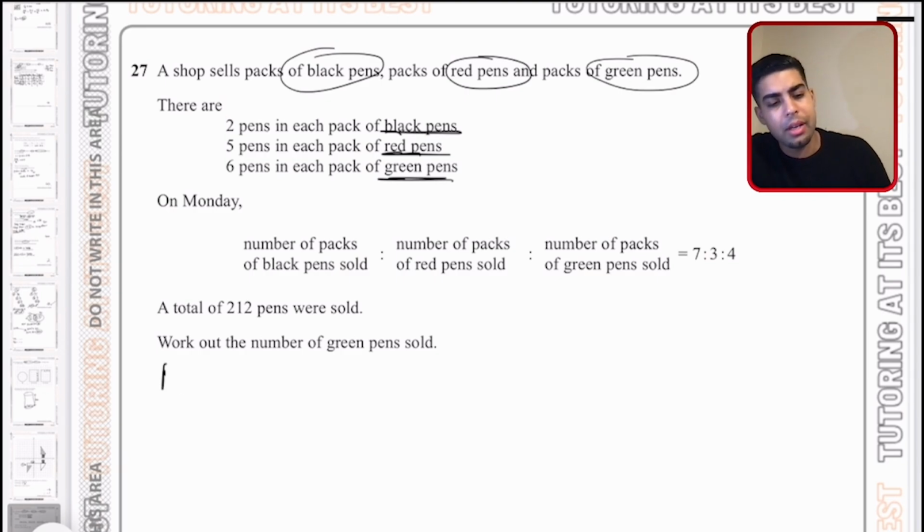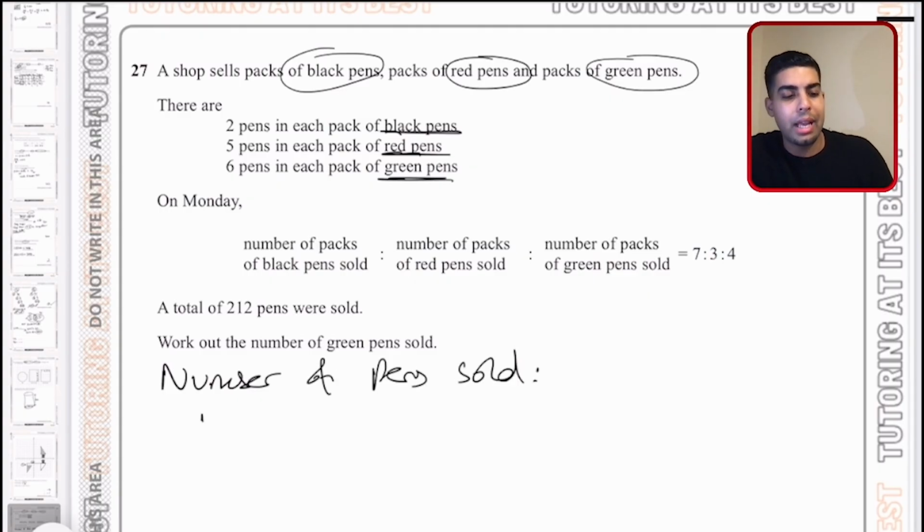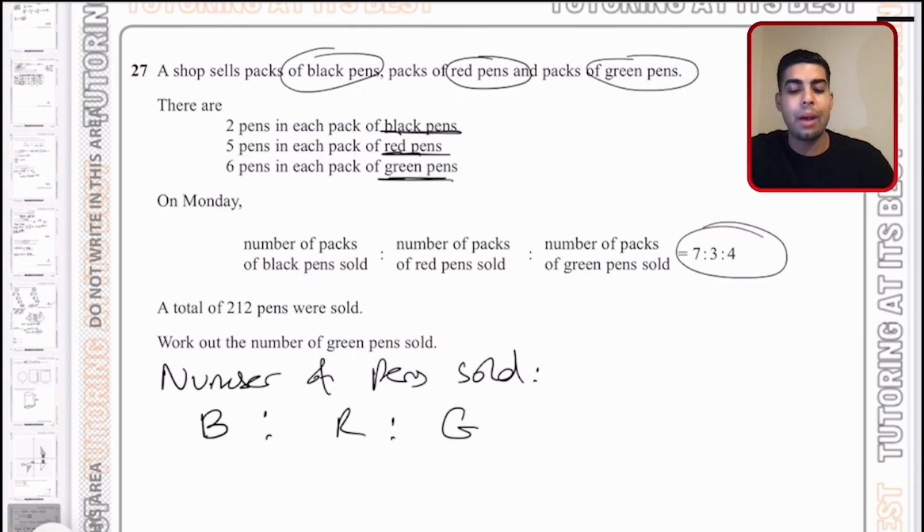So we can now go ahead and write number of pens sold. And we have our black, our red, and our green. And as you can see, we've got our ratio here, which is 7 to 3 to 4. But we know that the number of packs that were sold for black pens was 7. And in each pack, there's 2 pens.